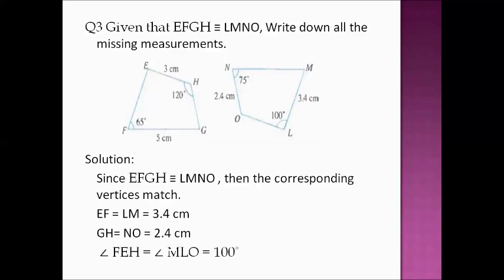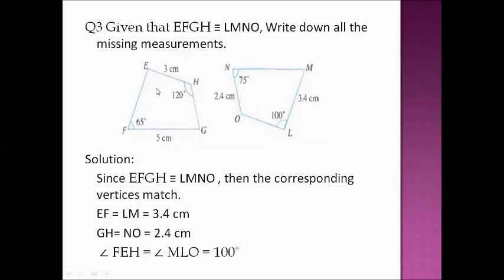So coming towards the angles. Yes, angle FEH. We need to find out angle FEH. So it is equal to which one? Angle MLO. As L is 100, so E is also 100.